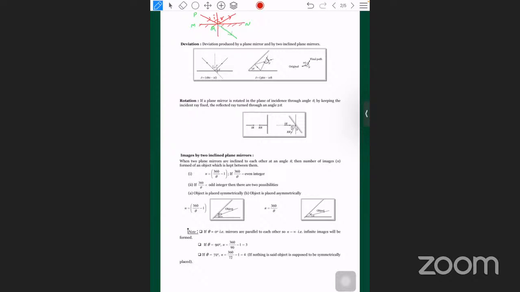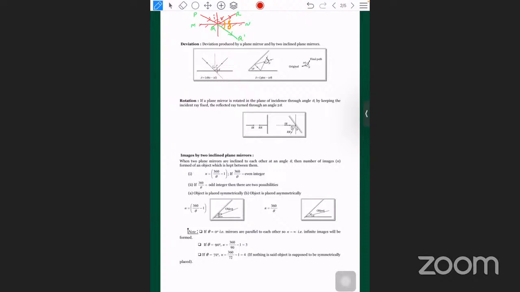Because of the mirror, instead of traveling along Q dash, it is traveling along QR, right? Yes, sir. Then this angle we call deviation. So what is deviation? Deviation is the angle between the incident and the reflected ray.